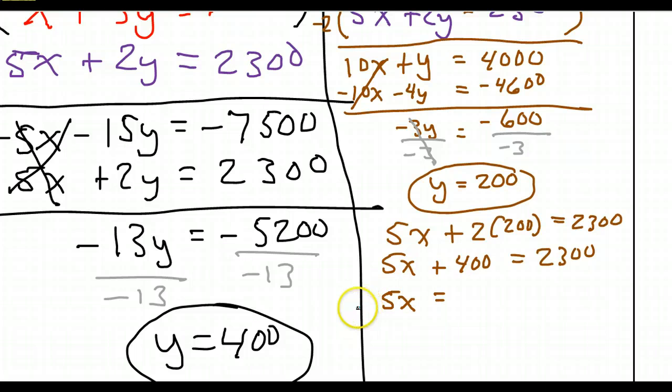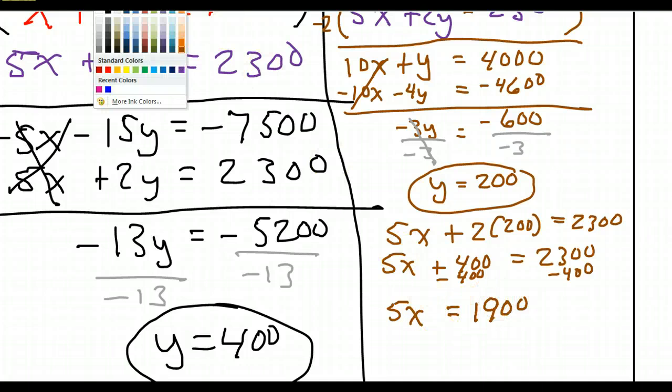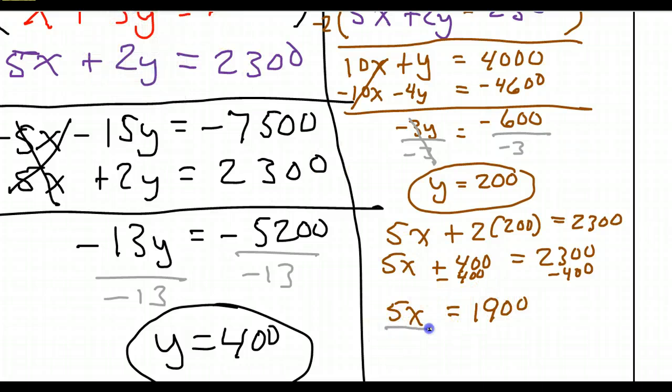So that's going to give me, oh, I guess I should show it. I am subtracting 400 from both sides. All right, so that's going to give me 1,900. So I'll have 5x equals 1,900. Then of course I need to divide both sides by 5.